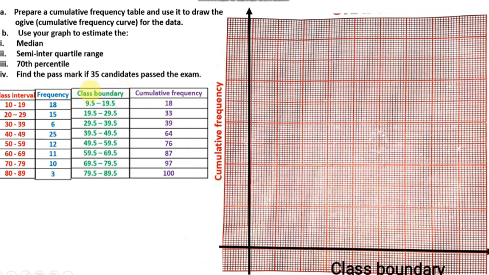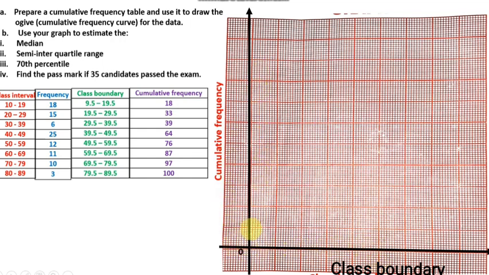You can call it the class boundary, or the marks also. We're going to call this the class boundary interval. Let's take up the markings on this.